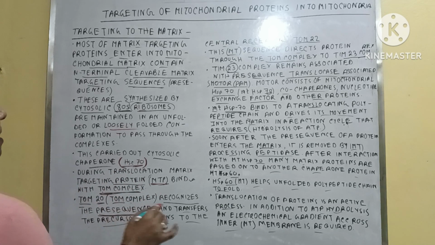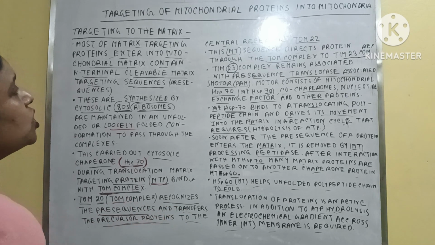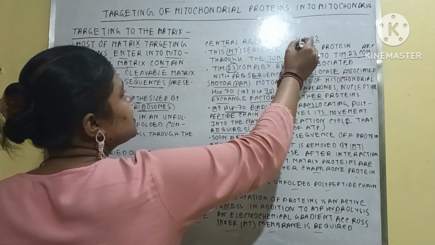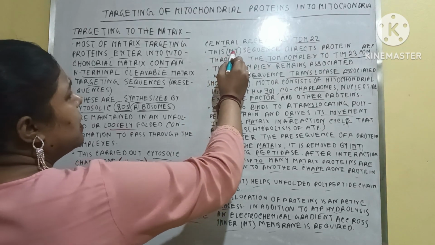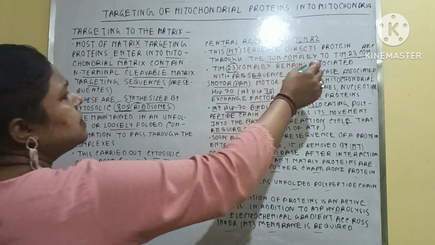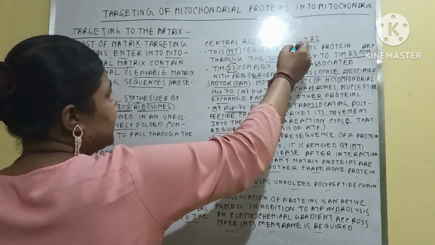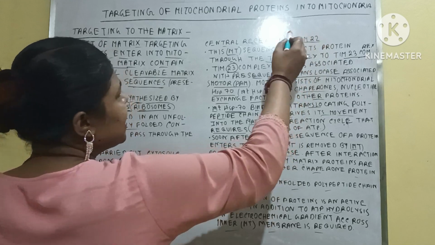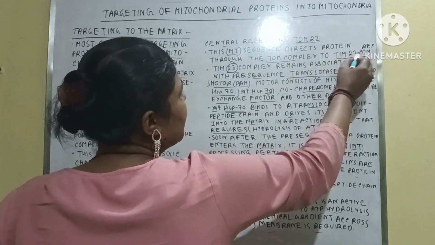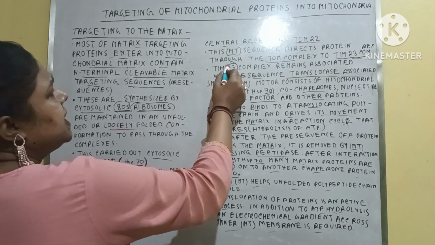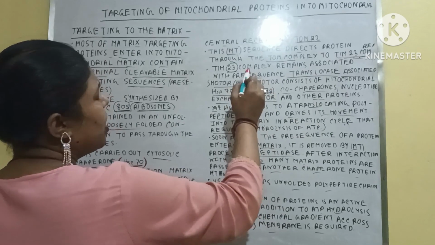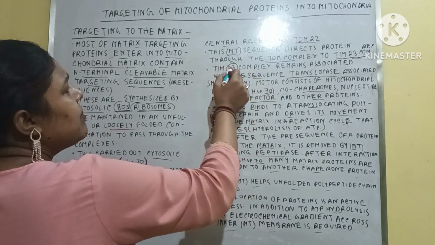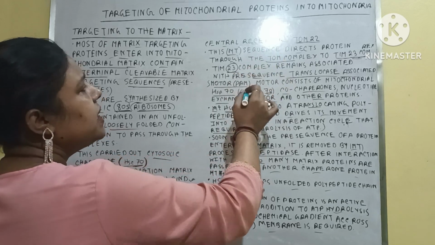Then it transfers these precursor proteins to the receptor TOM22. After entering TOM22, the protein tries to enter the TIM23 complex, to which the pre-sequences are already bound.